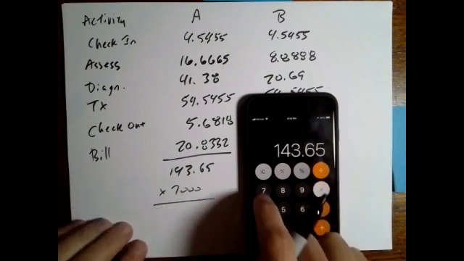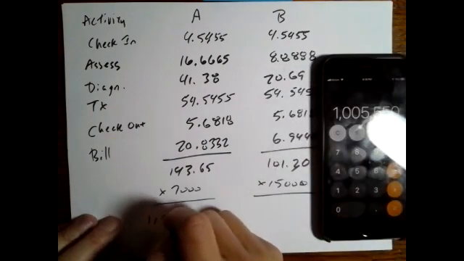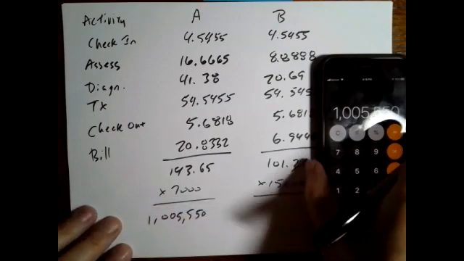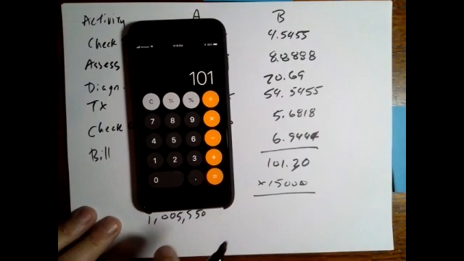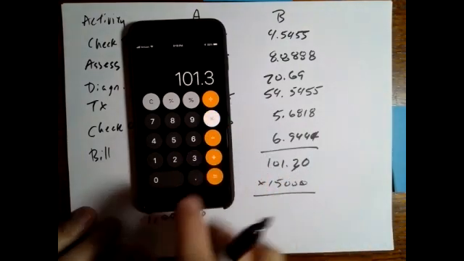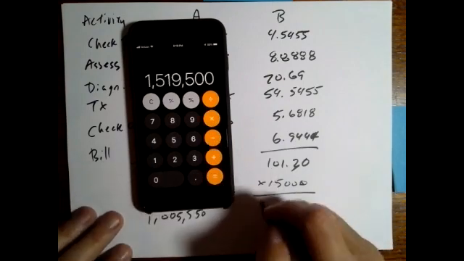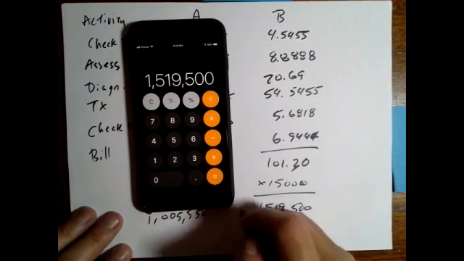So 143.65 times 7,000 gives us 1,005,550. And then for B, it's 101.3 times 15,000, which is 1,519,500.